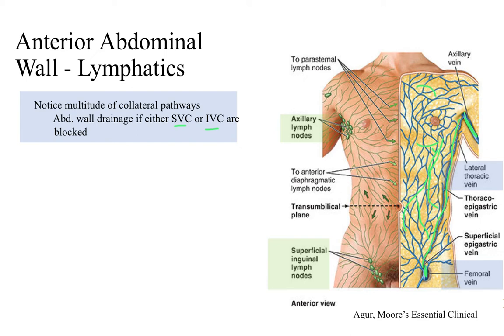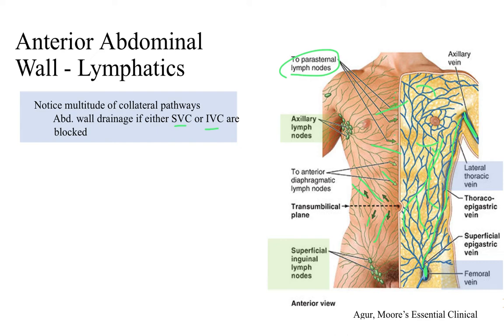Same thing with lymphatics. They're draining in multiple directions and have redundant flows just in case something gets blocked elsewhere. Nodes you need to pay attention to: parasternal lymph nodes. Remember back to the pictures we showed earlier of the thoracic cavity.